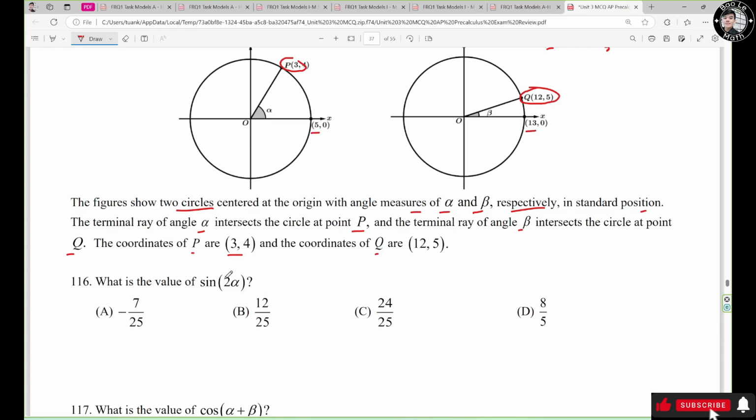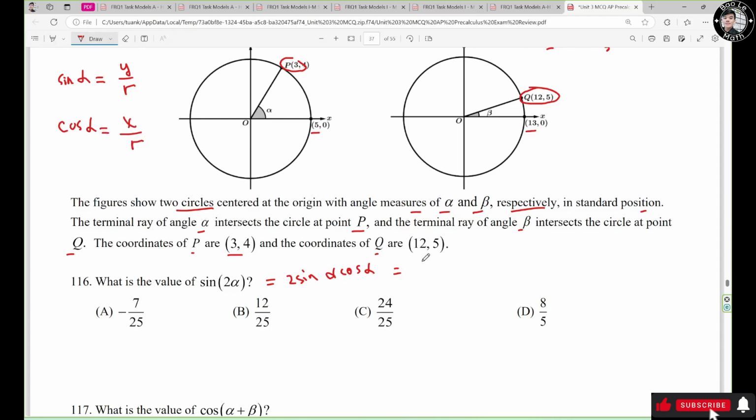Now, what is the value of sine 2 alpha? We're going to use the trig identities. We need to expand this one: it's going to be 2 sine alpha cosine alpha. Now remember that sine alpha equals y over radius, and cosine alpha equals x over radius.